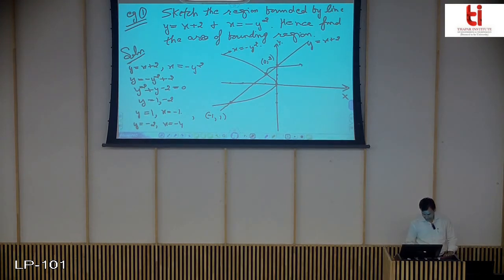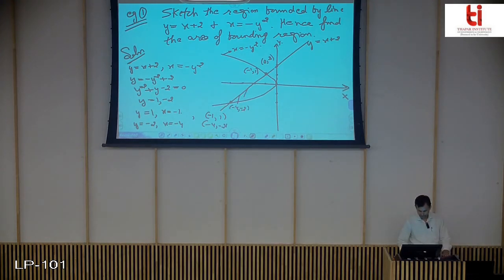Let me write it like this: it is minus 1, 1. This is the first point of intersection. Another is your minus 4, minus 2. Yes.